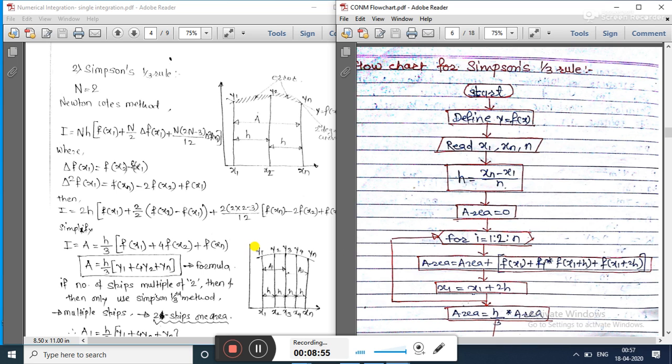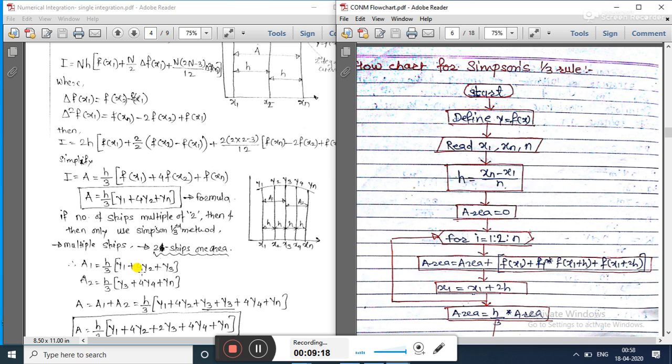When you start with y1, you have to go for 2 strips next, that is y3. Next is 2 strips next is yn. Okay, so the formula is again changed. 1 strip formula is y1 plus 4 into y2 plus y3.